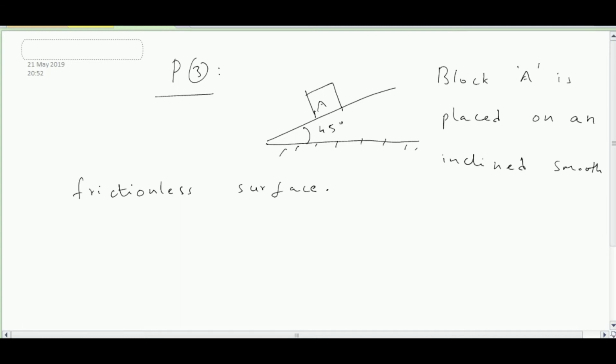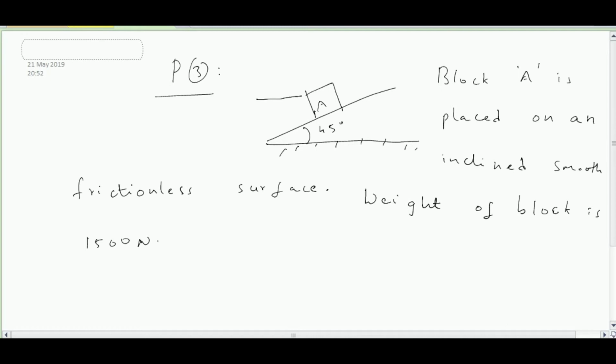The problem says determine the value of P. Here it is specified that the plane is smooth. That means it does not offer any friction. We have to assume this condition whenever it is given that the surface is smooth or frictionless.